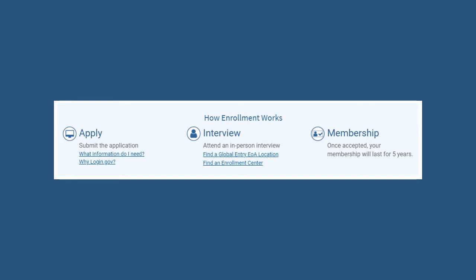Only once that search is done can they schedule the interview. But if you're a US permanent resident, you do not have to go through this process. So that is the benefit of getting the Global Entry if you're an Indian citizen and if you have US residency.